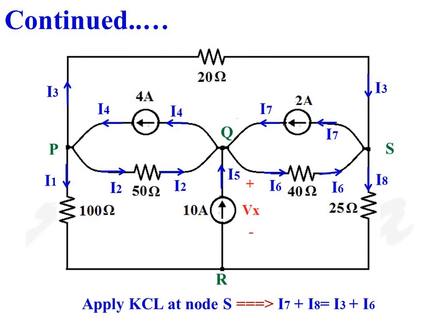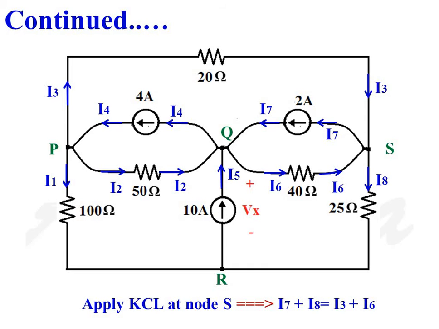Apply KCL at node S. There are 4 currents associated with node S, 2 incoming currents and 2 outgoing currents. I6 and I3 are the 2 incoming currents, while I7 and I8 are the 2 outgoing currents.